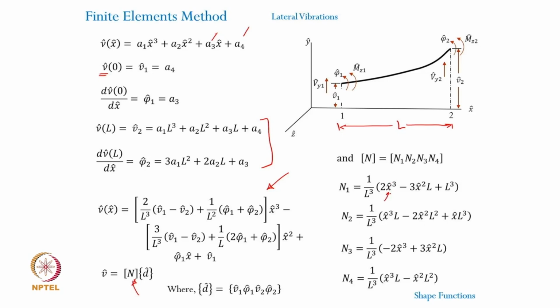So N1, N2, N3 and N4, all these elements of the shape function matrix can now be completely expressed. So with these shape functions, the moment we get to know the values of v1 cap and phi 1 cap and so on, you can get the values of the displacements at any point within the element.